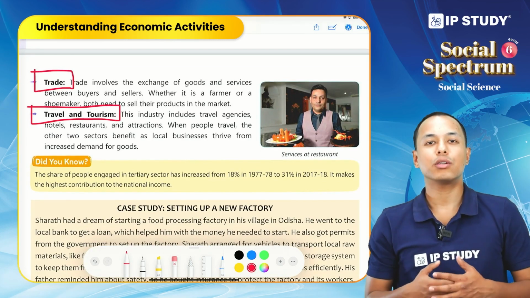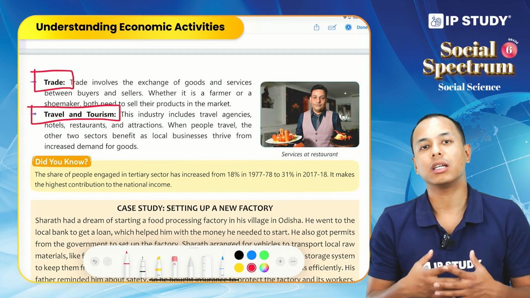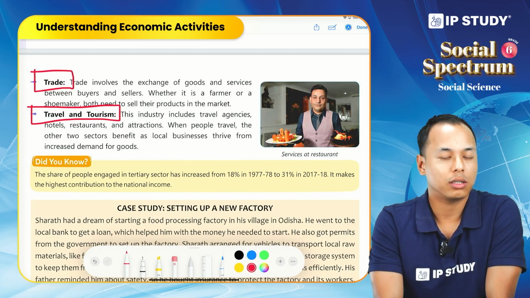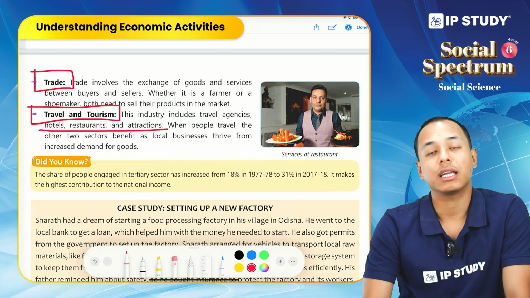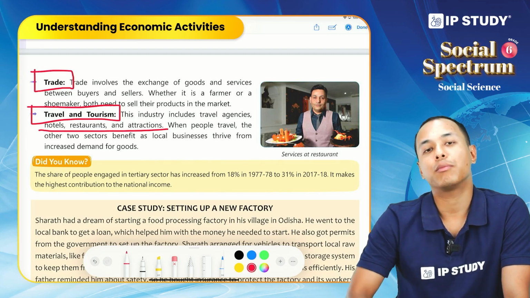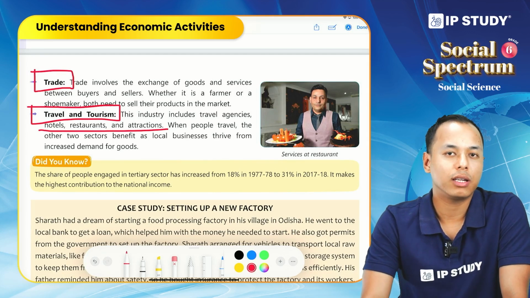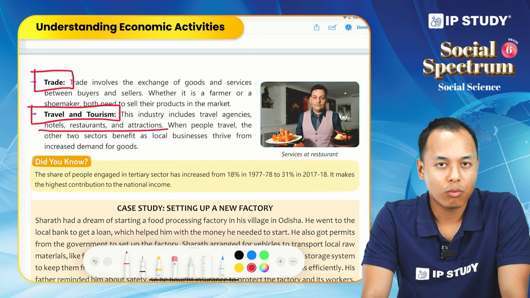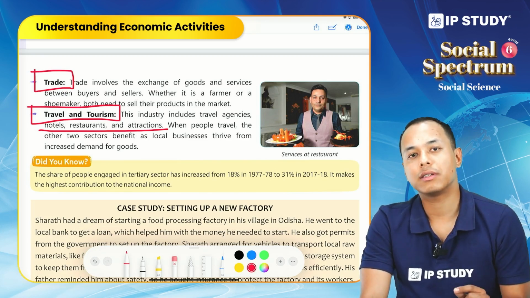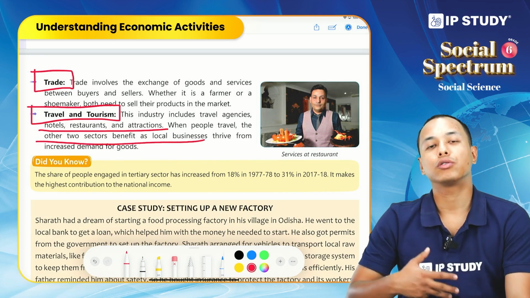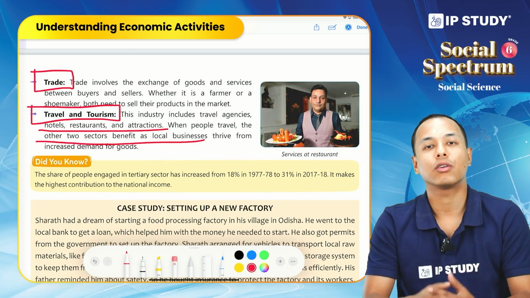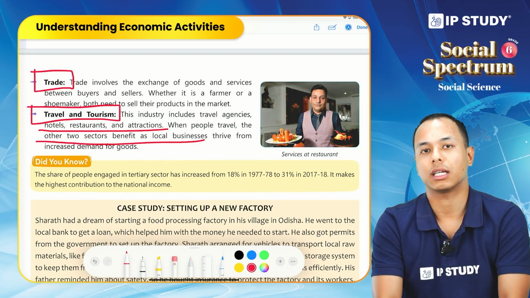We should understand that tourism is one of the fastest growing industries in today's world. Hotels, restaurants and places of attraction provide different services to people traveling to different parts of the world, and these services make sure that different sectors of the economy are benefited.